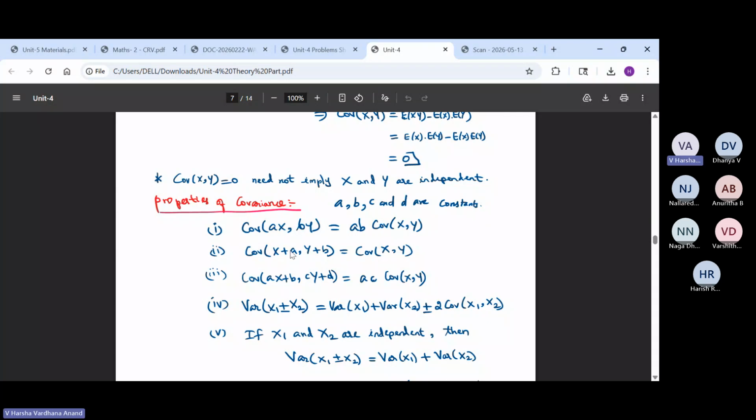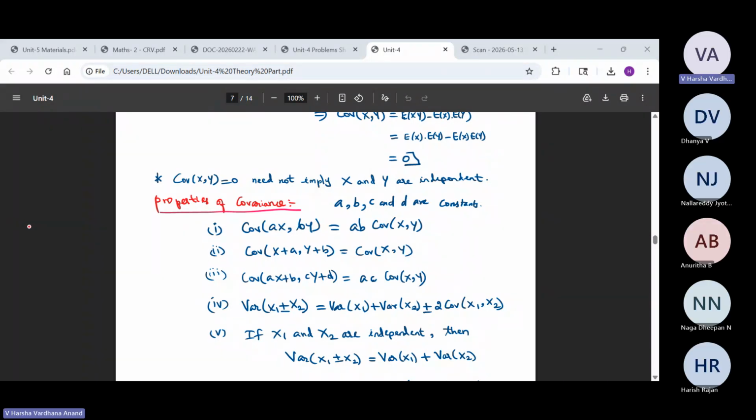Again, covariance of x plus a and y plus b. In differentiation calculus, we have seen that constants become zero. Similar to that, think of it like this: a graph that's going like this, x, and this is y.